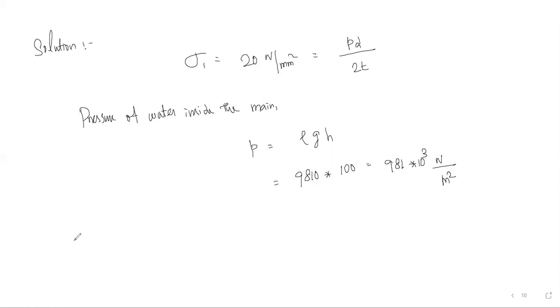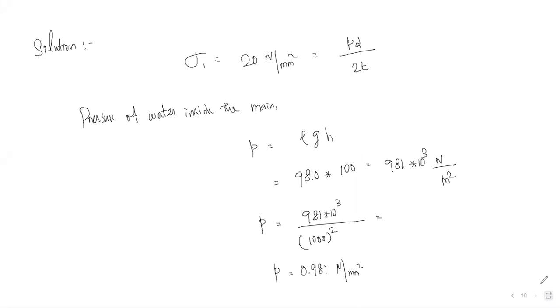Next, we should change it in terms of Newton per mm square. So 981 into 10 to the power 3 divided by 1000 square, since meter squared we have to convert in terms of mm. Then pressure P is equal to 0.981 Newton per mm square.